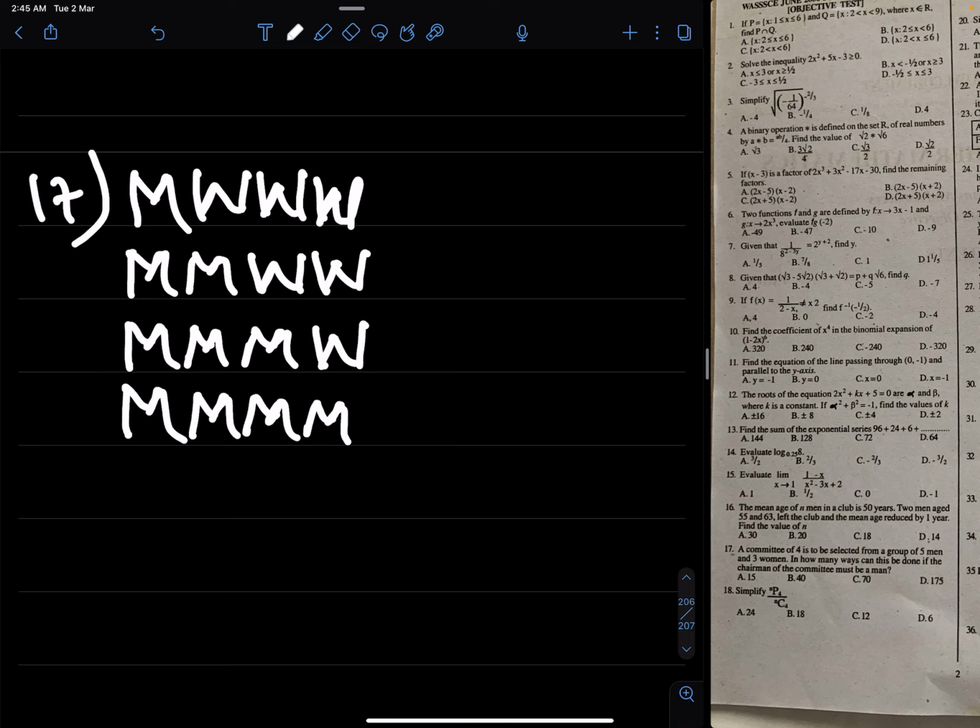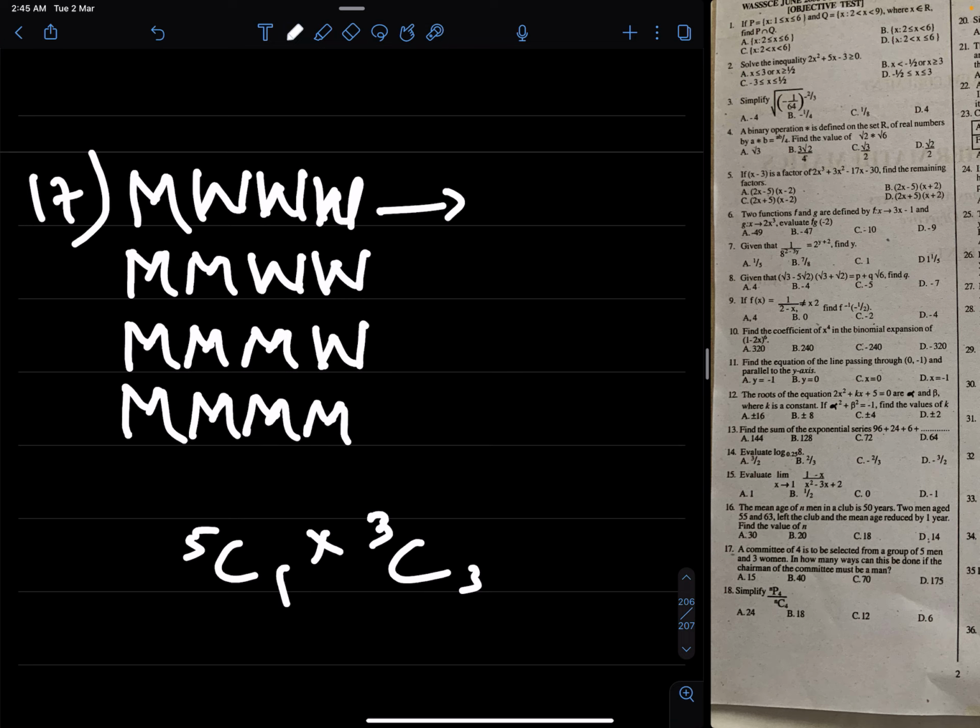So let's say the first person is a man and the remaining 3 are women, or the first 2 are men and the remaining 2 are women, or the first 3 are men and the remaining 1 is a woman, or all the members are men. What's important is that there must be at least one man. One man and 3 women is 5 combination 1 times 3 combination 3, which is 5.